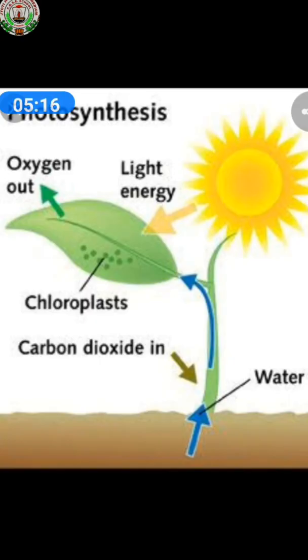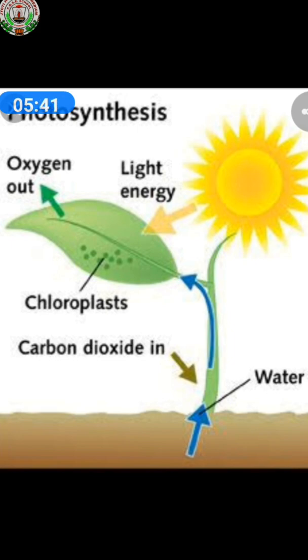So, see the picture here, the plant is taking in water and carbon dioxide and giving out oxygen. Glucose, oxygen and some water vapor are produced during photosynthesis. The oxygen and water vapor go out through stomata.